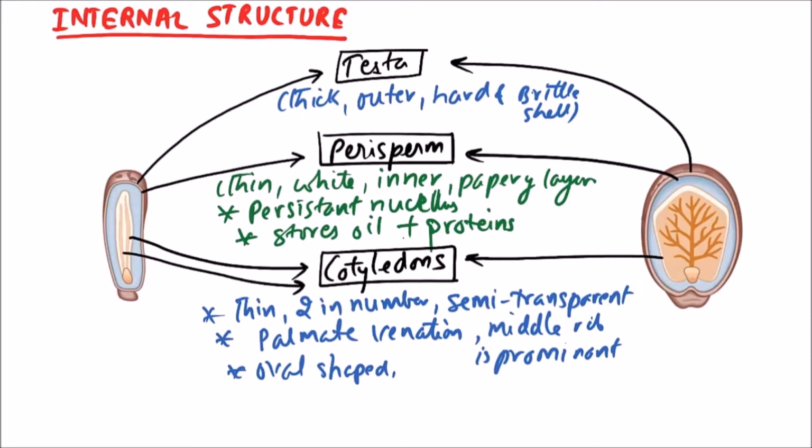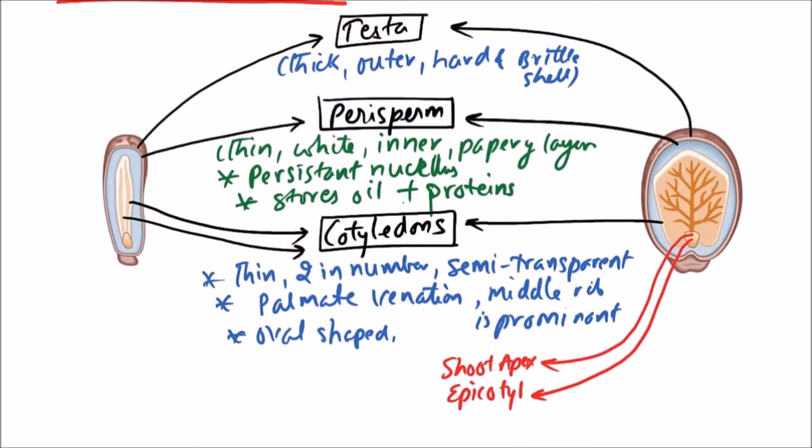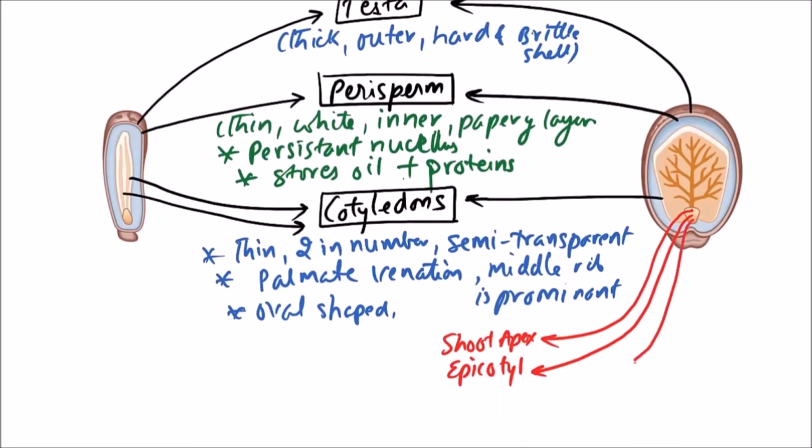And the embryonic axis is also visible. Now where is the embryonic axis? This area represents the shoot apex. Then just below the shoot apex there will be epicotyl. Then below the epicotyl hypocotyl is there, and just below that in the lowermost portion radicle is there.